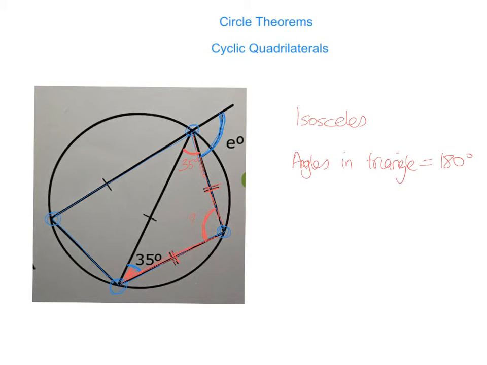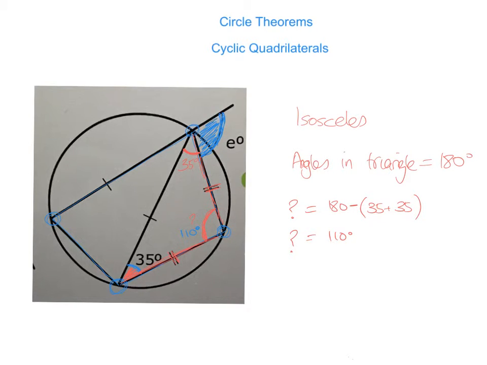The angle, which we put as a question mark for now, equals 180 minus (35 plus 35). If we do that sum, the question mark is equal to 110 degrees. So we know that this angle here, I'll write it in blue, is 110 degrees.